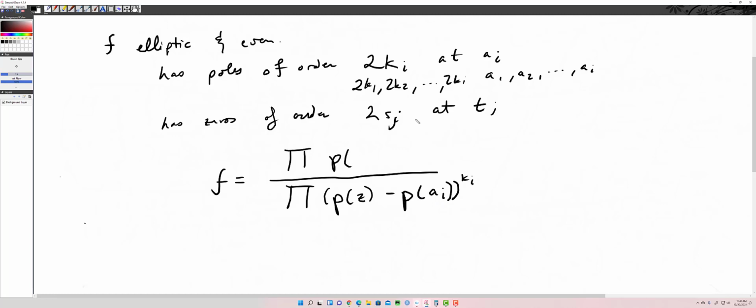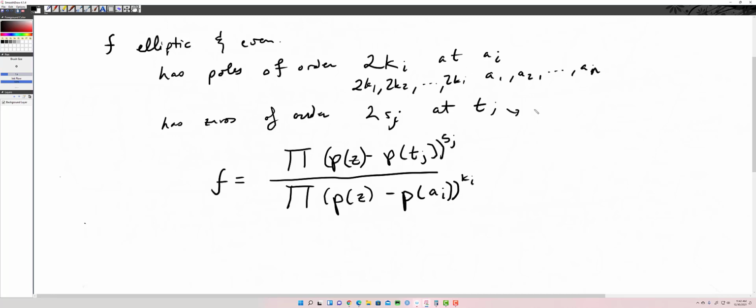And then I'm going to take p of z minus p of t_j up here, and I'm going to take this quantity to the s_j, and this will create a pole of order 2s_j at t_j.